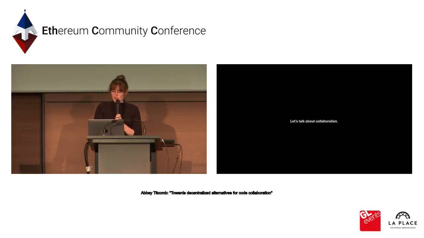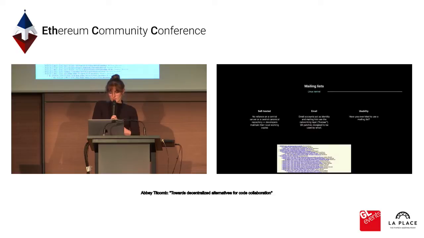And so the collaboration layers built on top of Git started with the OG mailing list, right? This is still the de facto code collaboration method for the Linux kernel development. The mailing lists are really great for a lot of reasons because they're self-hosted, so you're not relying on any central server.